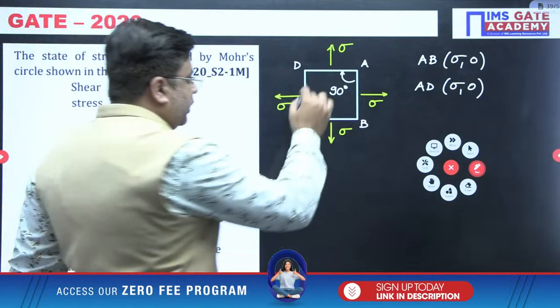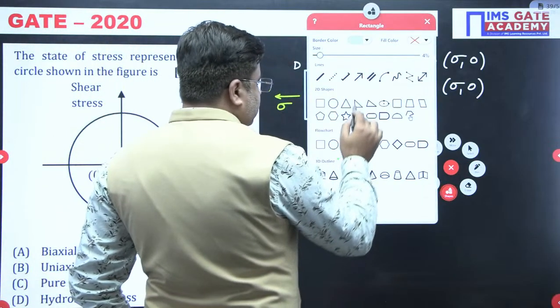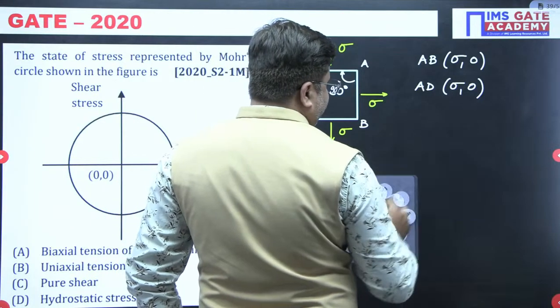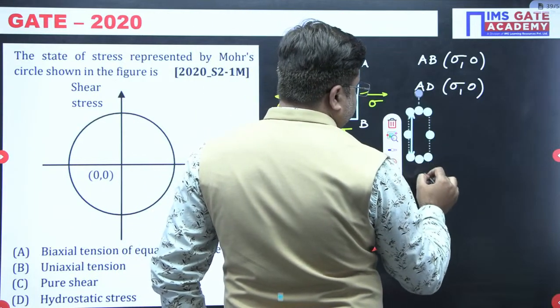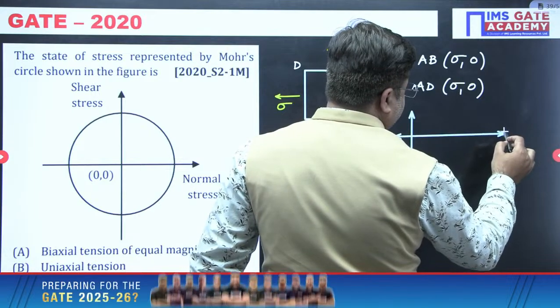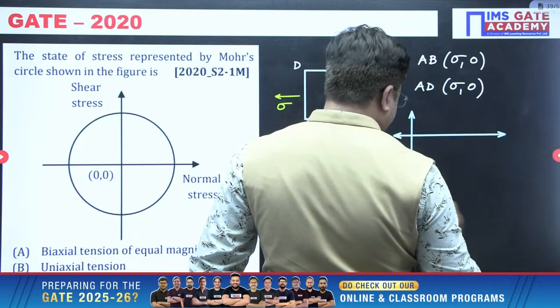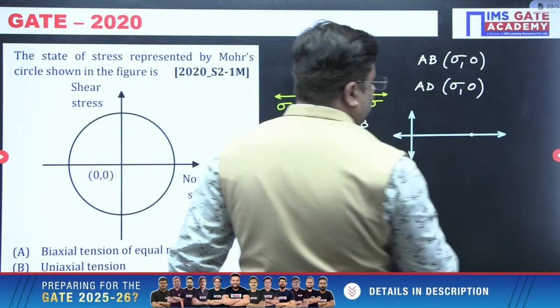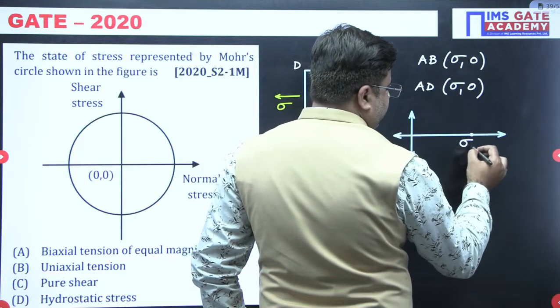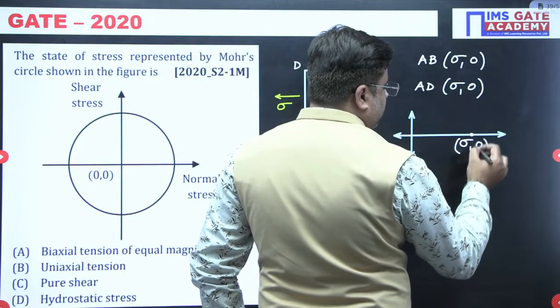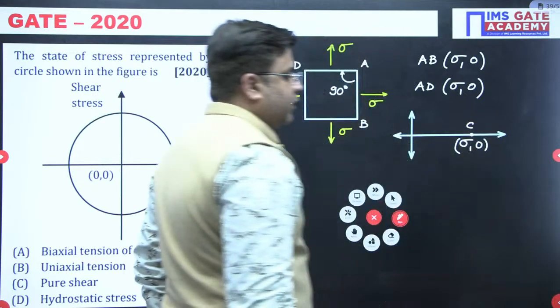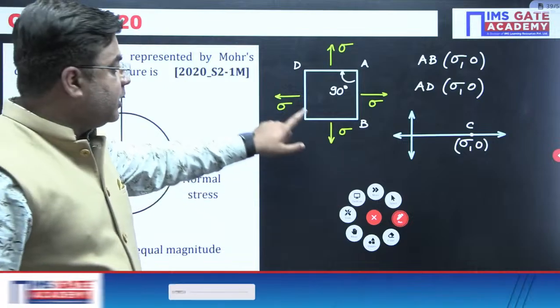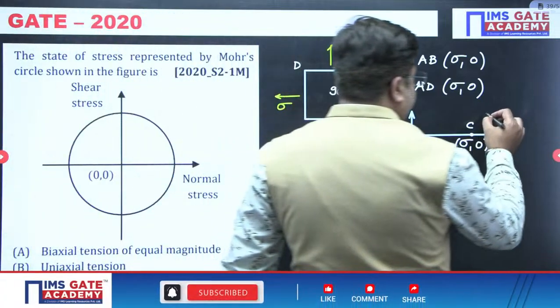So this will be the coordinate for plane AD. When you plot these 2 points, you will find out that for biaxial state of stress, the Mohr circle is a point circle whose center is at sigma comma 0 and radius is equal to 0. This will be the center of the Mohr circle, and the radius here is 0.